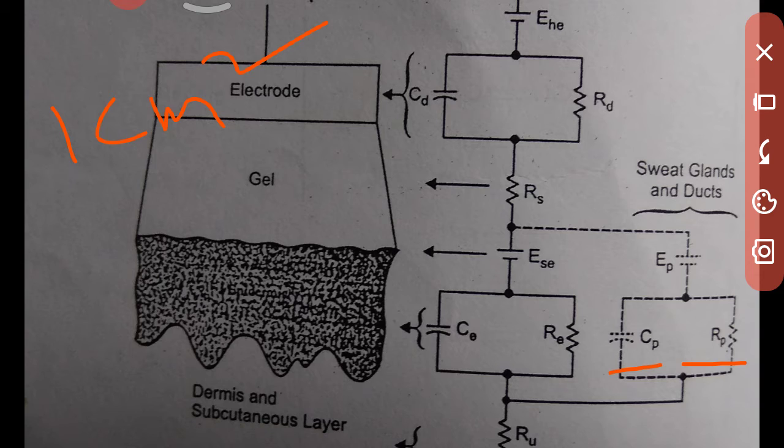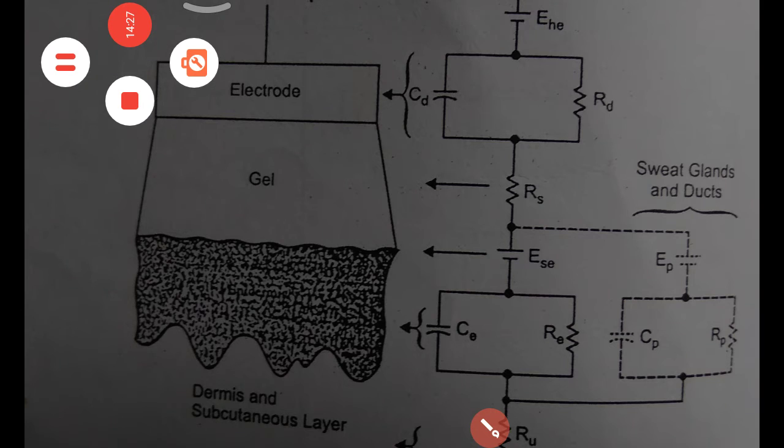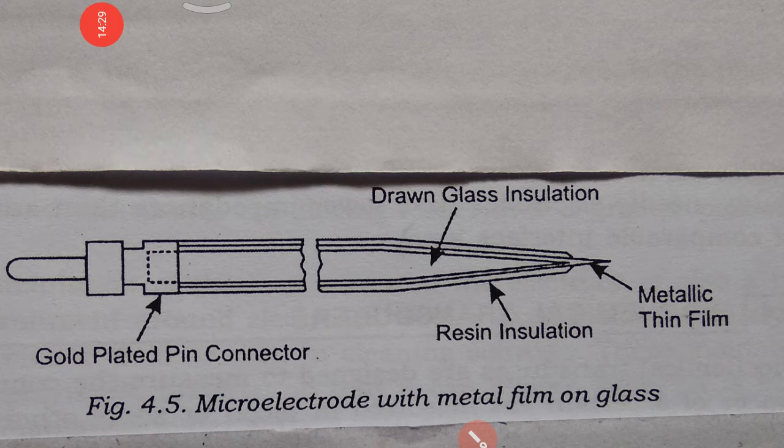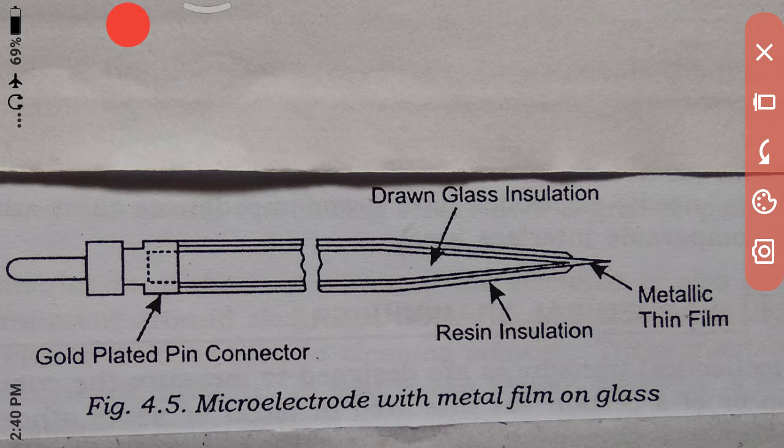Next we will move on to the types of electrodes. What are the types of electrodes? Microelectrodes, body surface electrodes and needle electrodes. Now how to interface these different types of electrodes with the human body? First is the microelectrode with a metal film on glass.